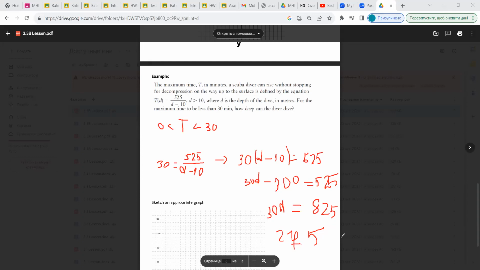So for any depths greater than 27.5 meters, the maximum time to rise without decompression would be less than 30 minutes. So 27.55 meters would already have less maximum time for decompression.